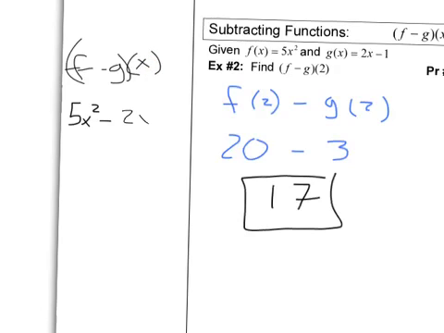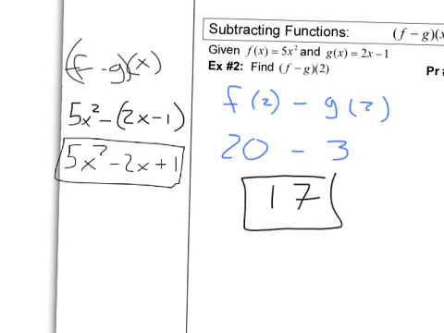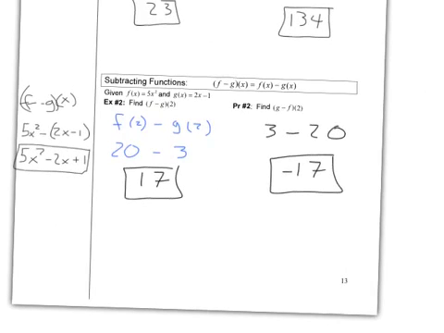Minus 2x minus 1. But remember, we're subtracting this whole thing, so we have to subtract with parentheses. So if we distribute that negative, we would get 5x squared minus 2x plus 1, and that would be our answer for something like that. We just leave it like that because we don't have a number to plug in and get back some number like 17 here. Okay, let's go to the next page.